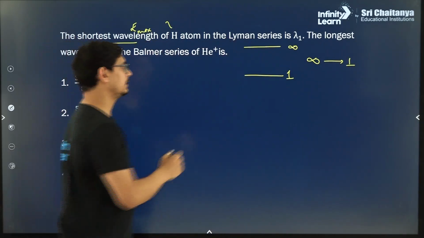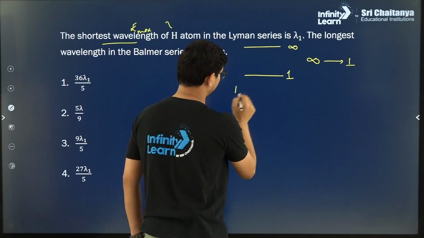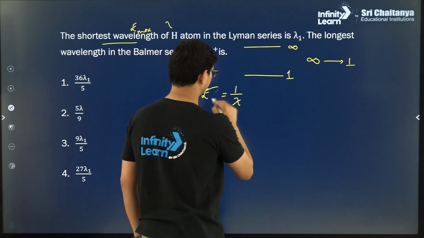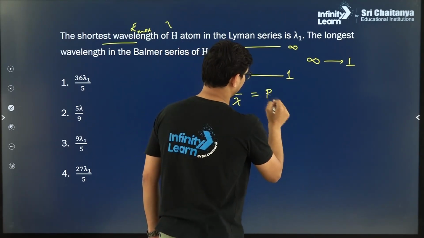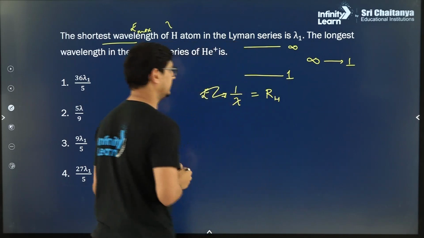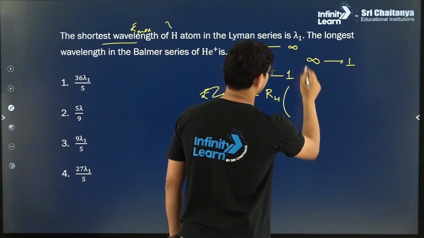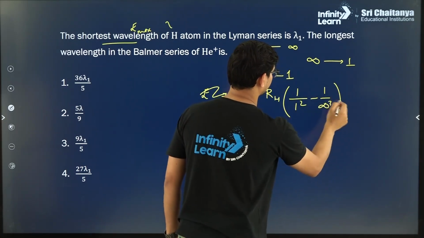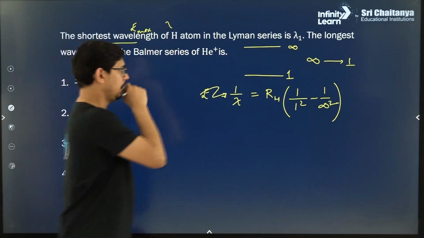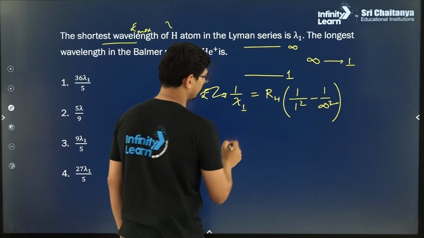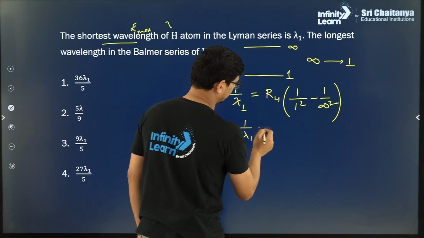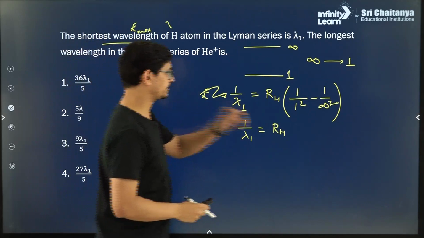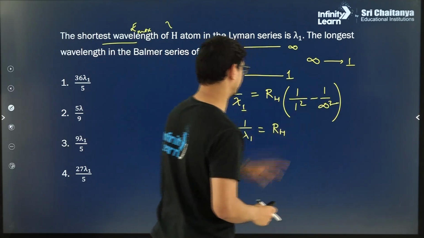Energy is inversely proportional to wavelength, so 1 upon lambda equals Rydberg constant into 1 upon 1 square minus 1 upon infinity square. They have called it lambda 1. So 1 upon lambda 1 is equal to Rydberg constant, since 1 by 1 minus 1 upon infinity is 0, so this is 1.